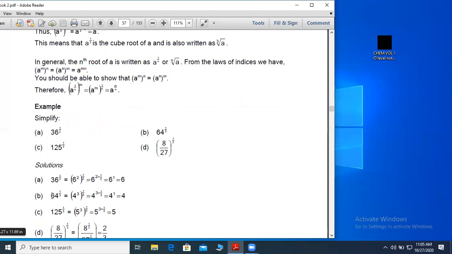So 64 to power a third is the same as, now when the power is a third, it means that number has a cube root. So you find the cube root of 64, or a number that is multiplied 3 times to get 64, and the number is 4.